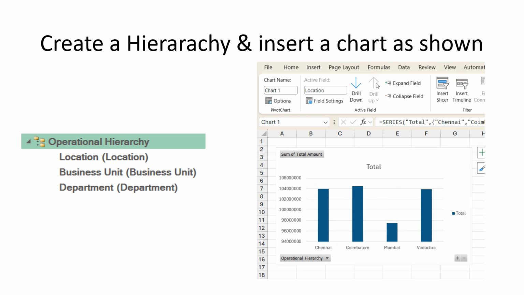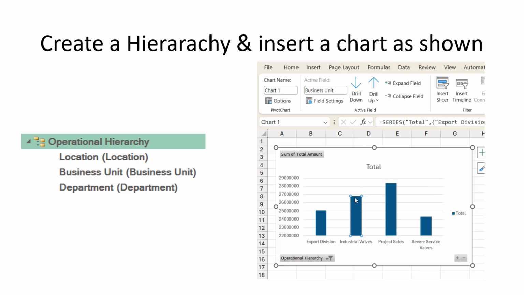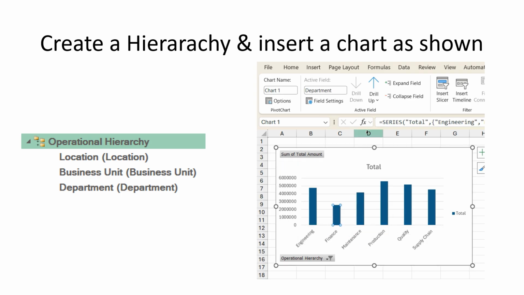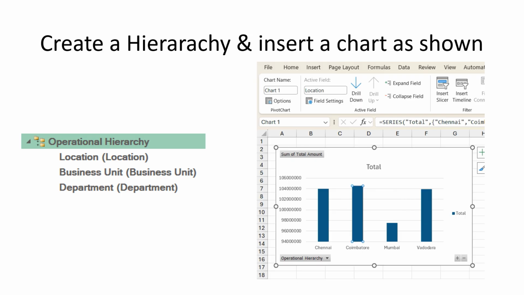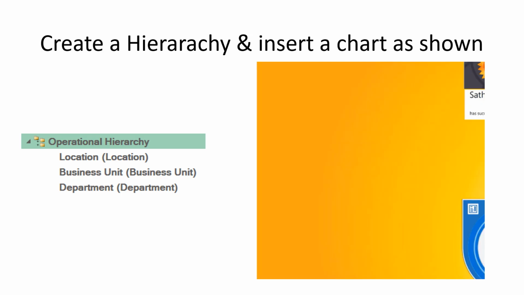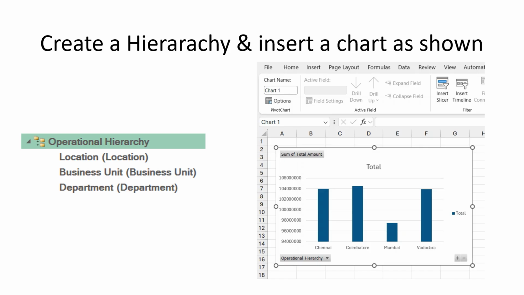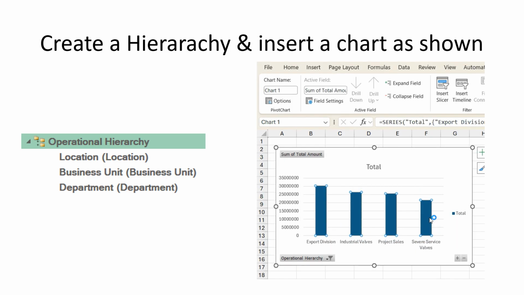Total, not sum. Okay. Go to Power Pivot, create a hierarchy. And double click, just make a double click.